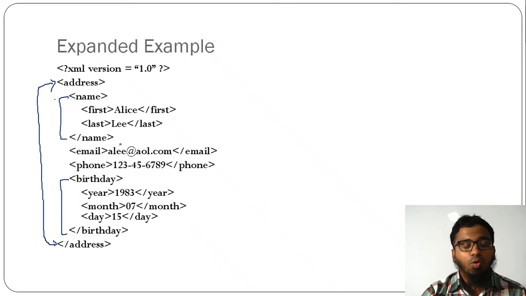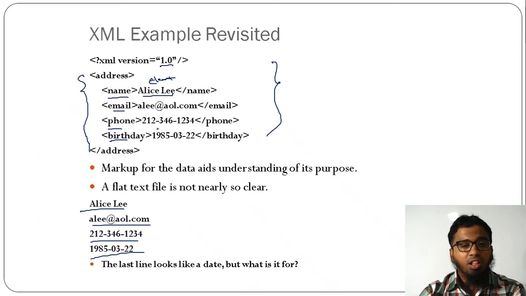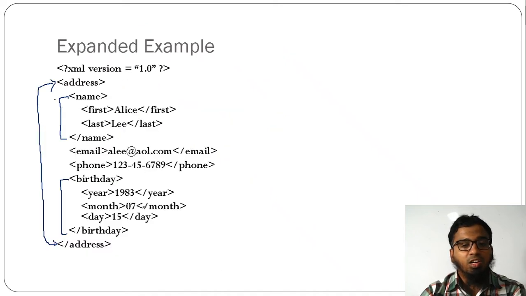Here you can understand more clearly. In the flat version it is sometimes very difficult to find which is the first name and last name, and with 02, 03, 1985 it is very difficult to tell which one is the month. Here it is more elaborate.